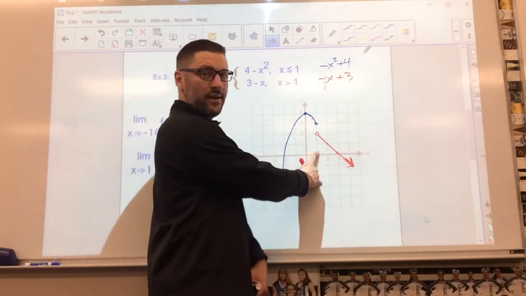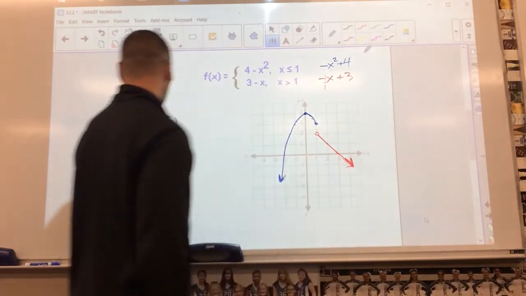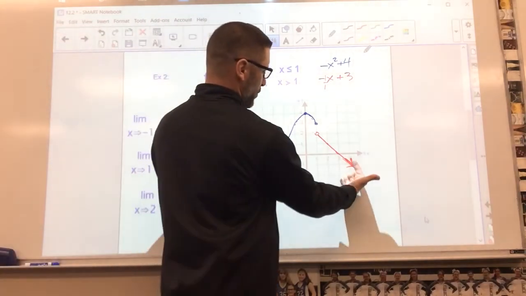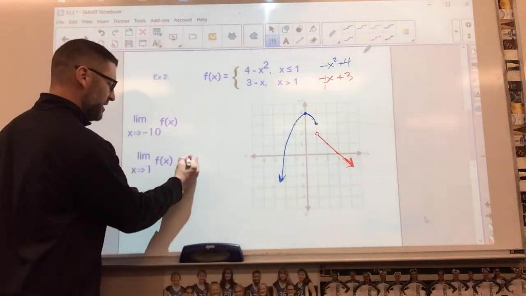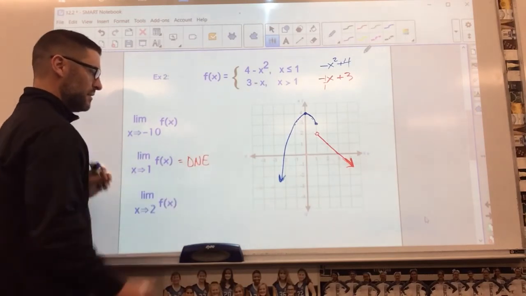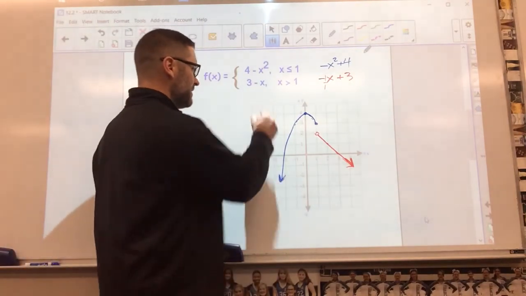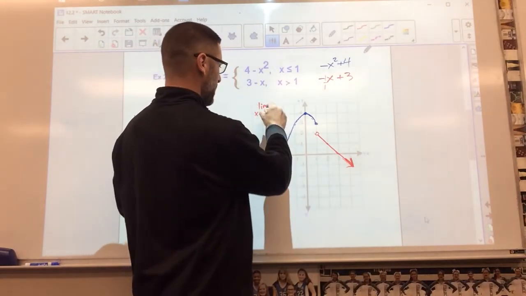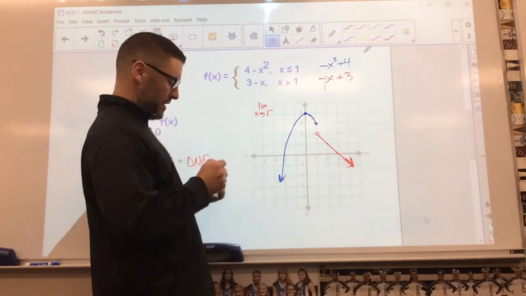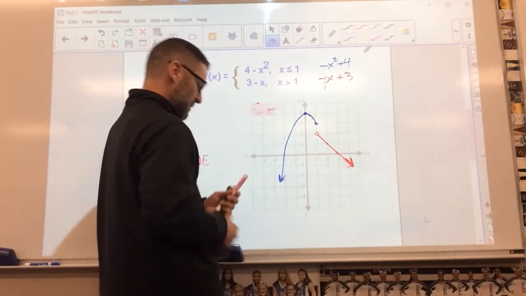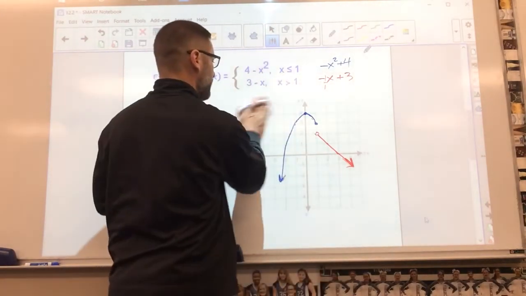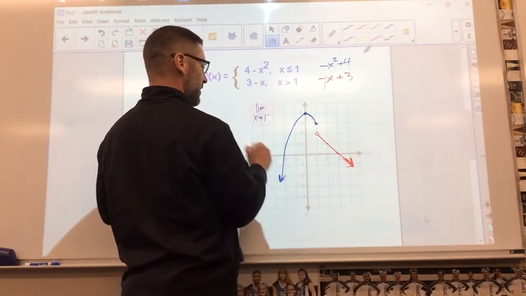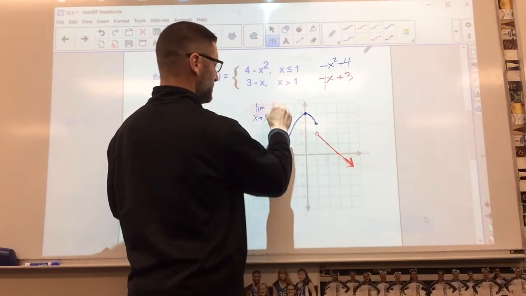The spot would be right here. You find the limit as x goes to 1. Right here, the limit of f of x as x goes to 1. If I approach 1 from both sides, the limit does not exist. But if I find the limit as x approaches 1 from the left, that value is 3.